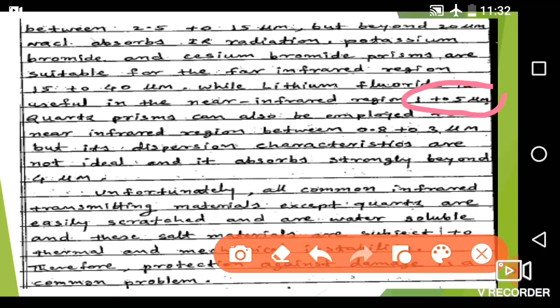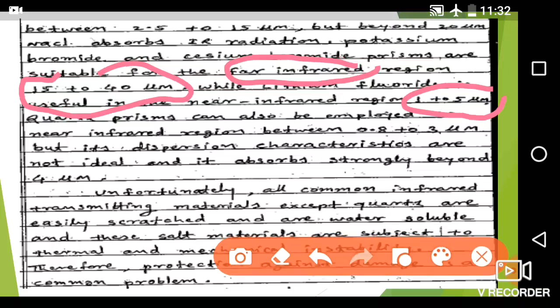So from 1 to 5 micrometer in the near infrared region we can use lithium fluoride and quartz prism. But for the far IR region, we can use cesium bromide and potassium bromide crystals for preparing the prism.